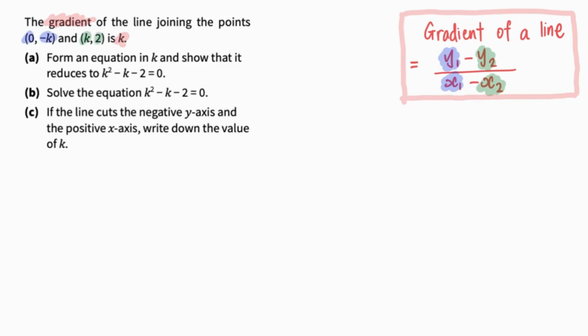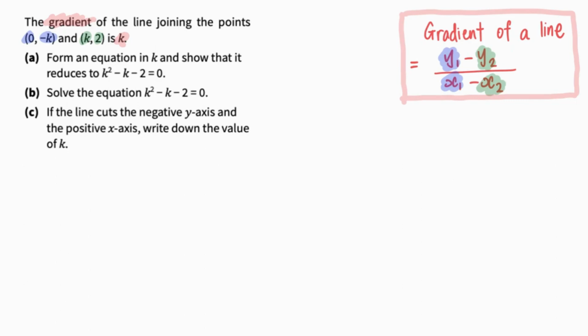And so for part A, we are going to form an equation with k and after that, manipulate the equation so that it reduces to k squared minus k minus 2 equals to 0.